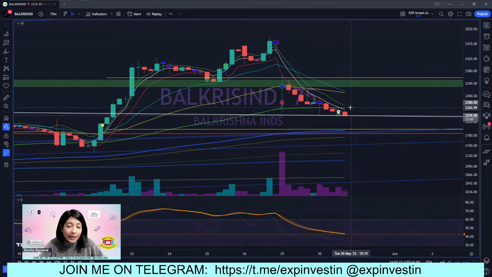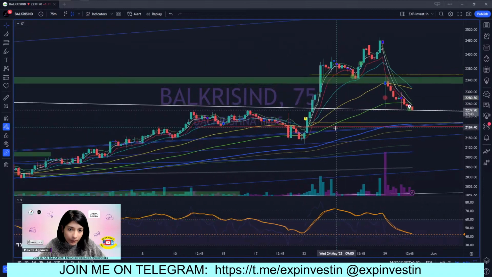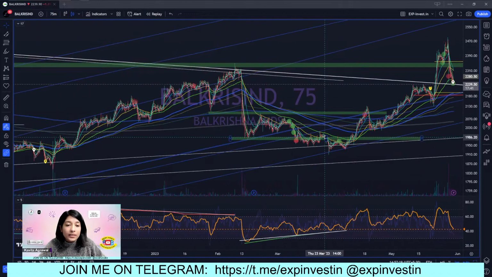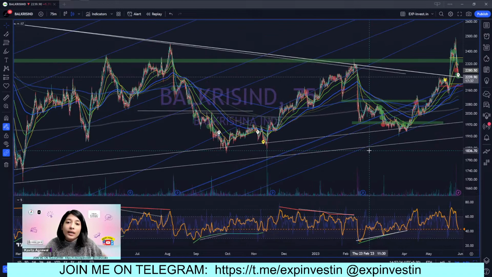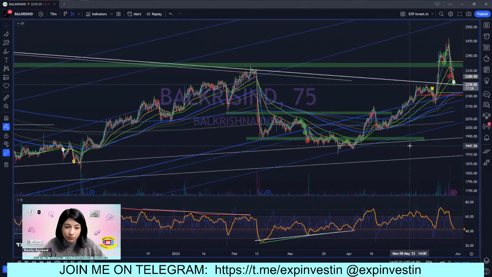Now I am expecting the stock to take good support at the 100 and 200 EMA, because on the basis of multiple observations, we have established that first, the stock is back in uptrend. Second, it has broken above the downtrend which it was experiencing on the 75-minute time frame.